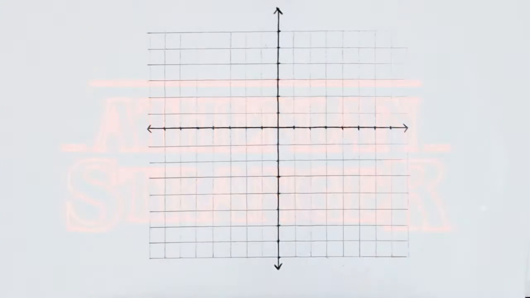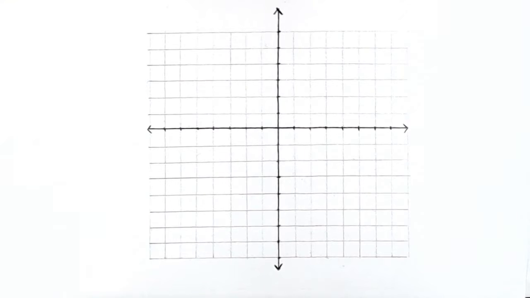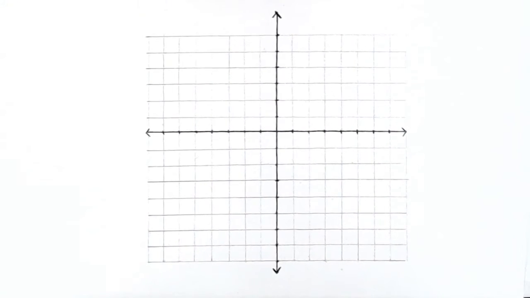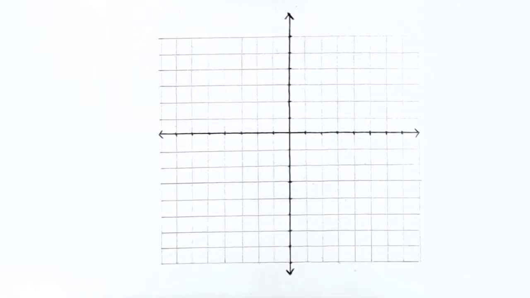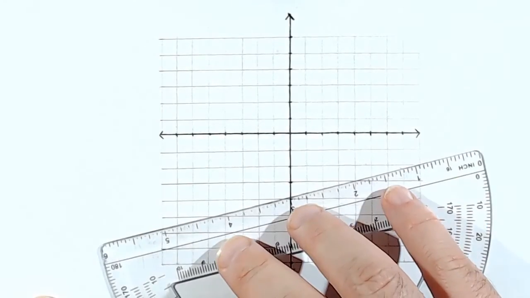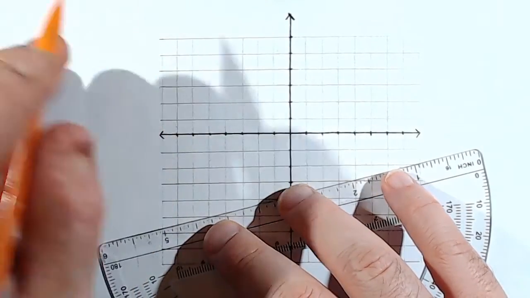Okay, ladies and gentlemen, in today's video, I want to transition us from linear equations to quadratic equations. So the first thing I'd like to draw for you is the parent graph y equals x.